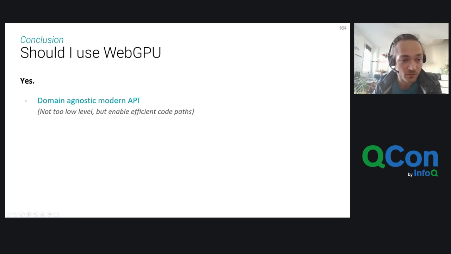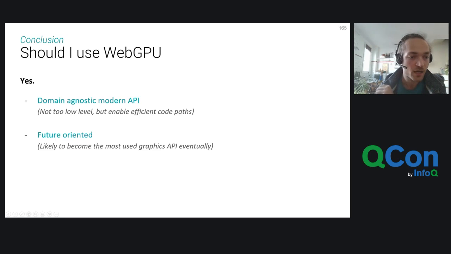I think it's a good domain-agnostic rendering hardware interface. It's not too low level, but it's modern in the sense that it is in line with the way things are underneath, so it can be efficient even without being too low level.